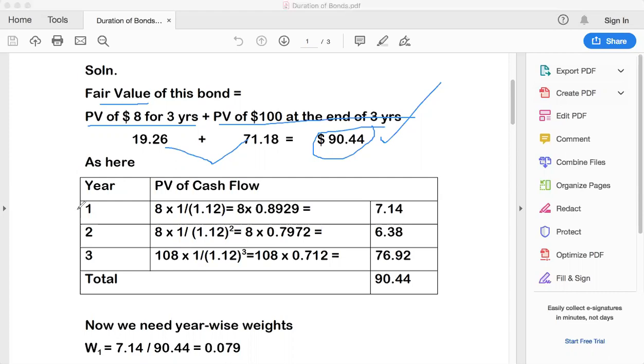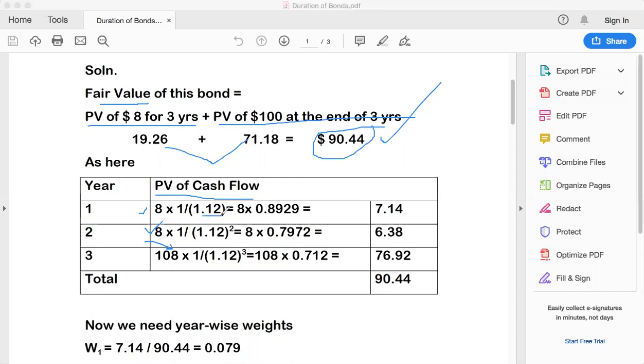We can further explain how we arrived at this present value of the cash flow. So if you see that there are three dividends, one, two, and the last one is coming along with the terminal value, which is $100, right?